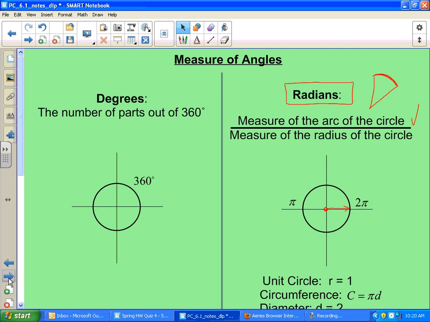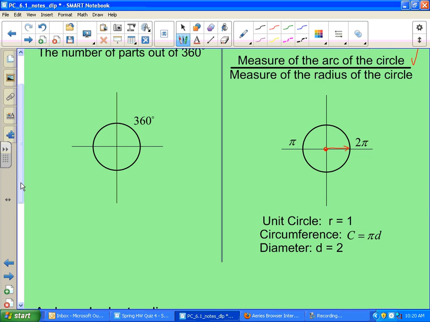Let's say the radius was 5, and my arc length was 5, then that would mean the angle that they form. So we're putting numbers in here. That's 5, and this arc length is also 5. When that happens, then you create this angle theta in here, which is a radian.